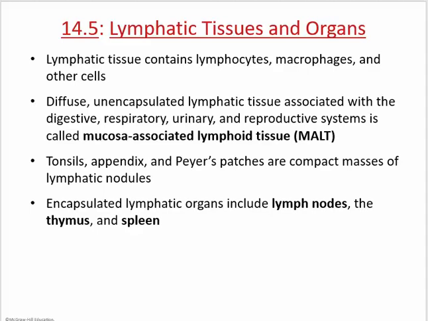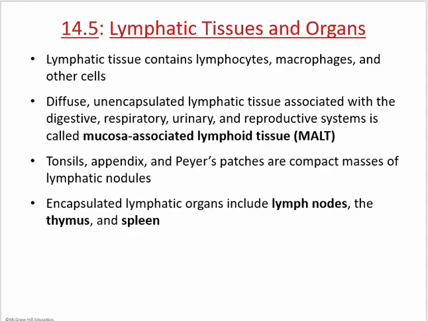So reticular means net-like. So the valuable thing about this is the space. There's lots of space within reticular tissue, within lymphatic tissue, for the fluid and for cells like macrophages and lymphocytes to do their work.